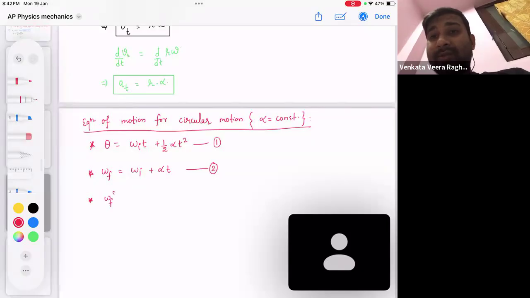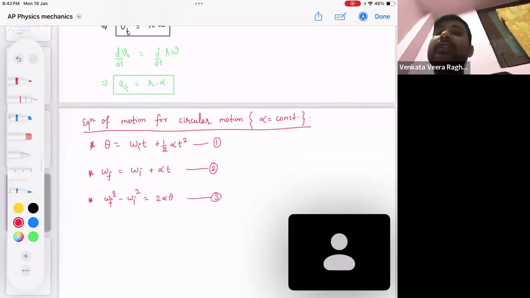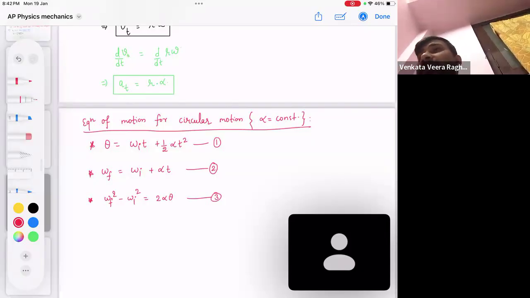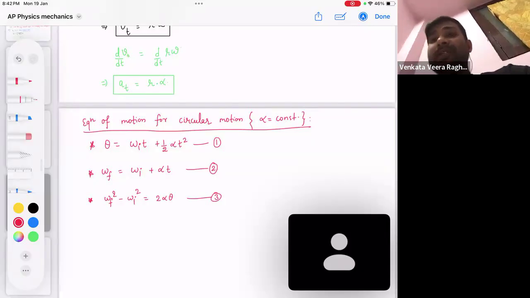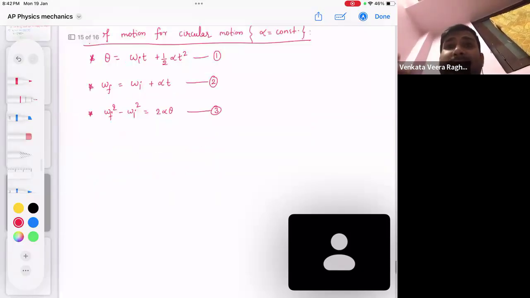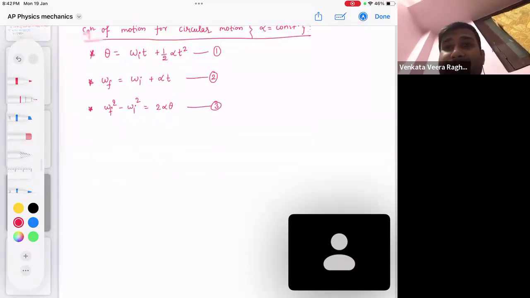And one more is omega final squared minus omega initial square equal to 2 alpha theta. So these are the three equations of motion for circular motion. Understood? Let's discuss one or two examples on that, and then we will discuss the types of circular motion.